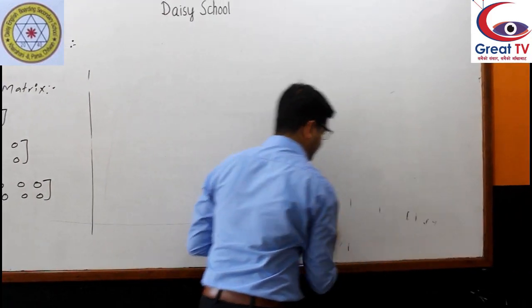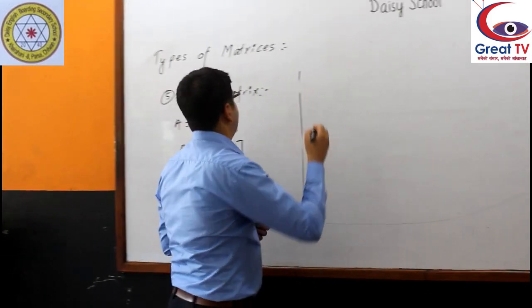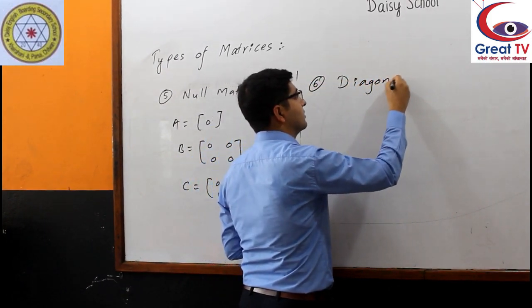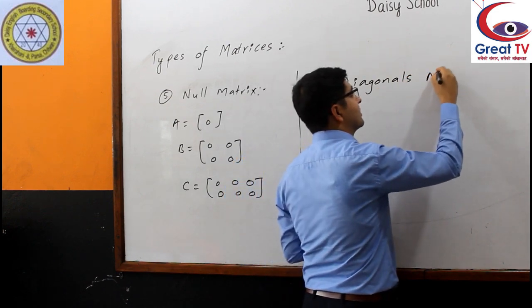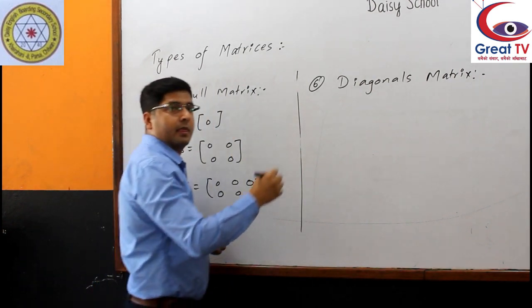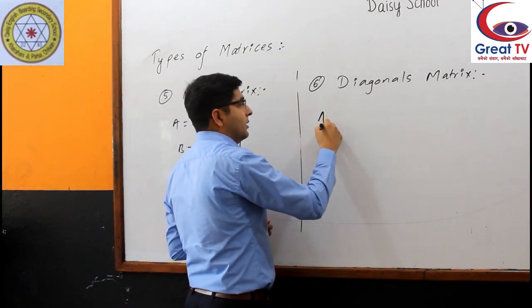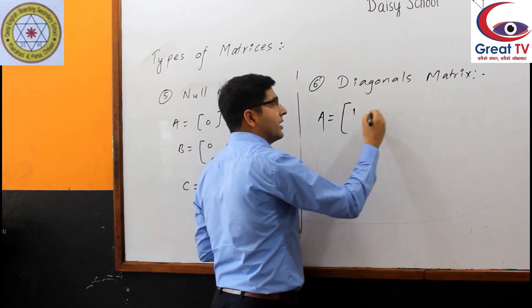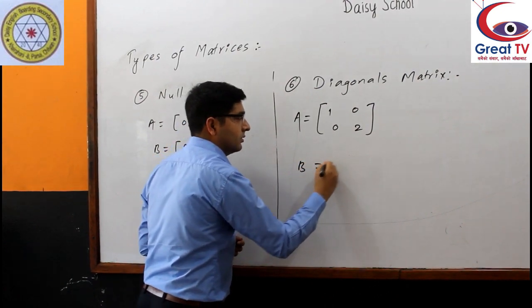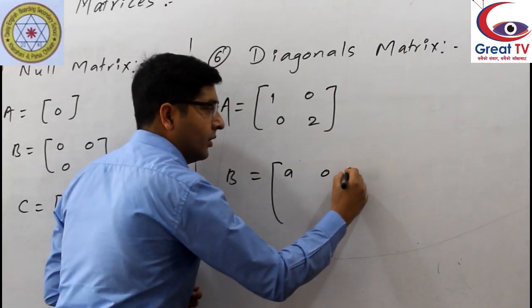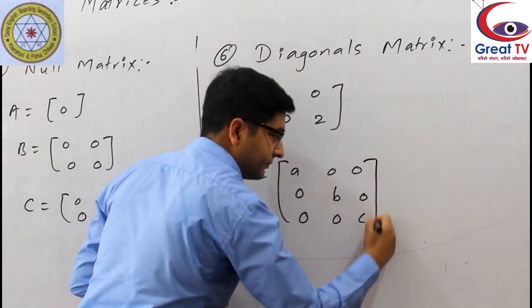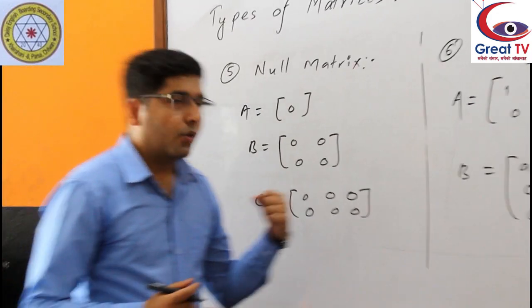Diagonal matrix. If A equals 1, 0, 0, 2, B equals A, 0, 0, 0, B, 0, 0, 0, C. Now, write the order of this matrix.